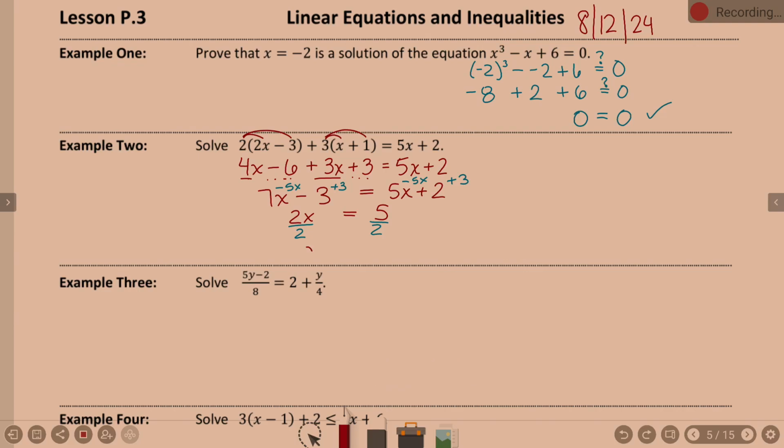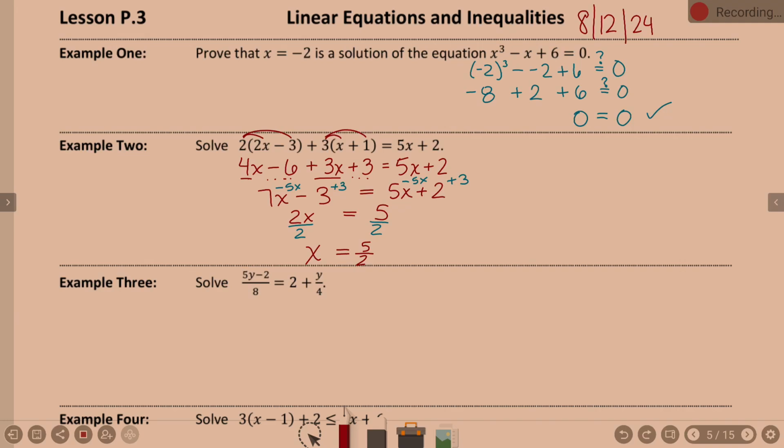x equals 5 over 2. In terms of answer, I really don't know what the answer key is going to say. I honestly tend to just leave it as an improper fraction, personally. So I tend to say that this would be 5 halves. Now, does that make 2.5 wrong? No. I don't think it's wrong, but it might say it's wrong on the answer key.